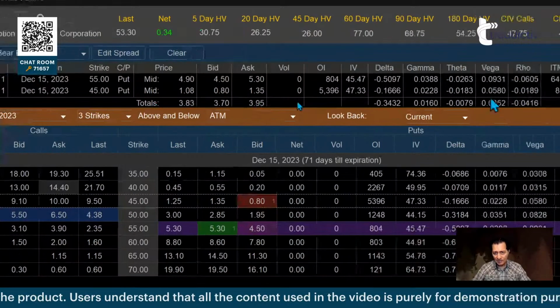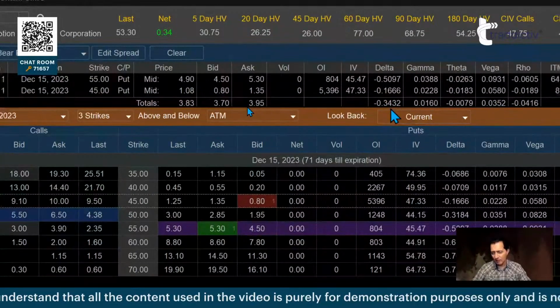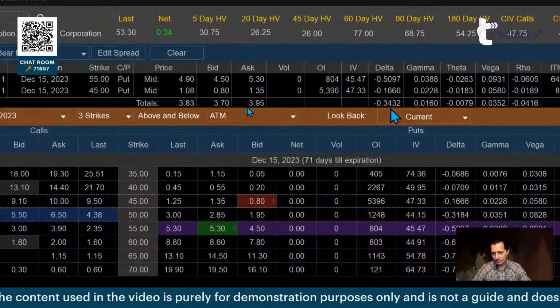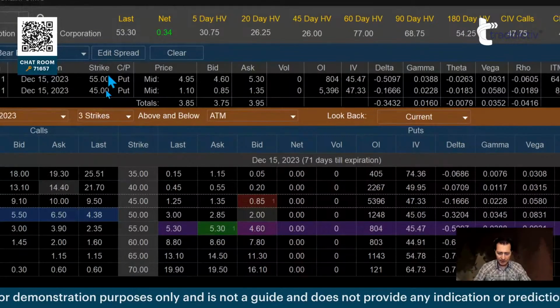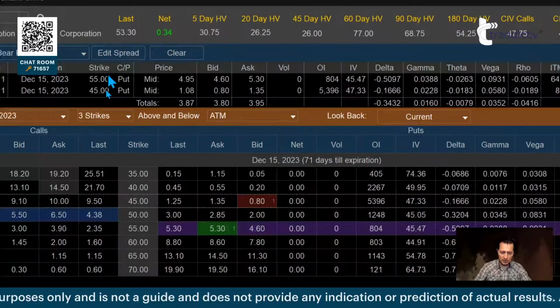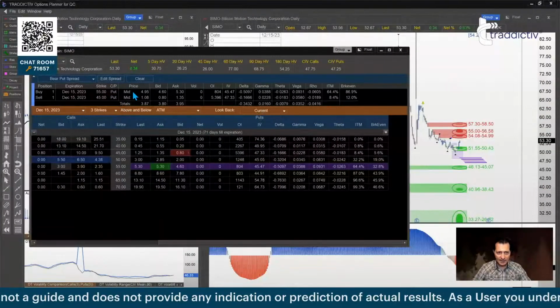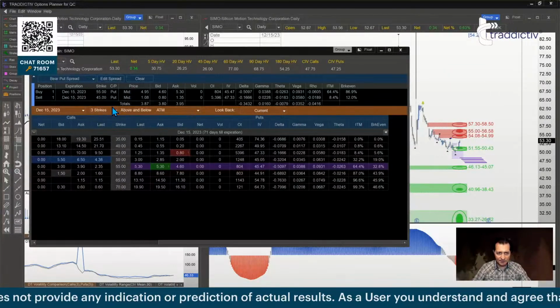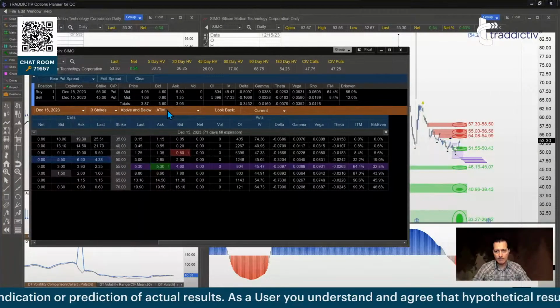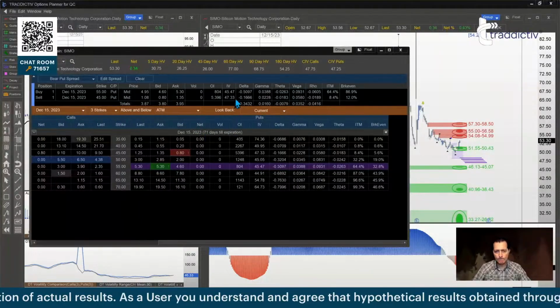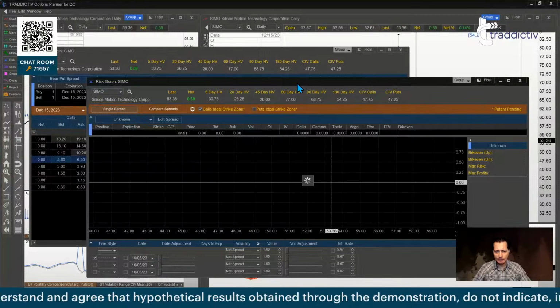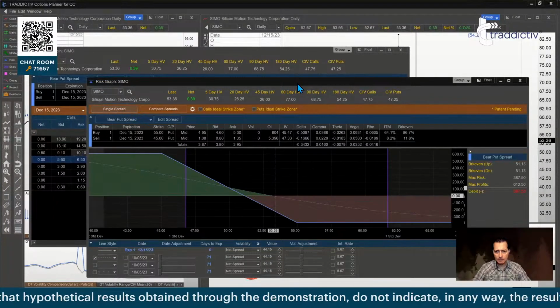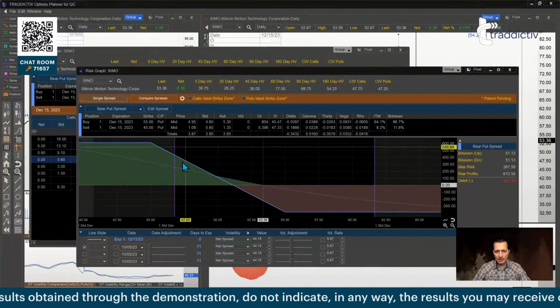And if I do that, notice the delta is 34. Okay, my delta is 34. So take a look at this. If I graph it, okay, here's the trade.